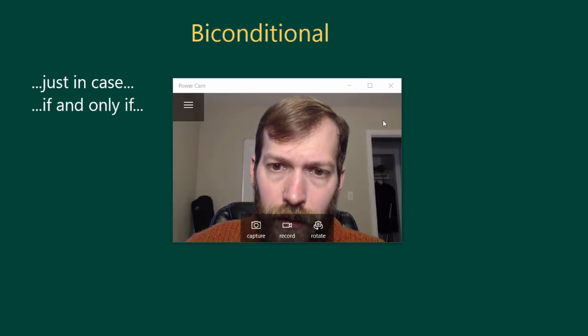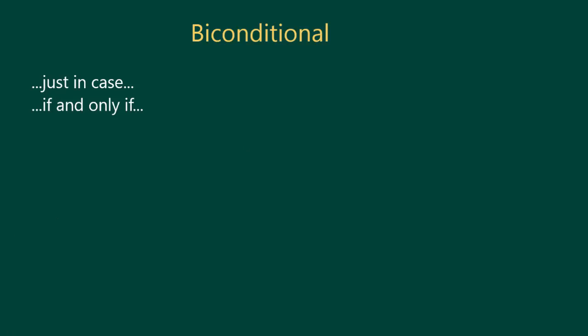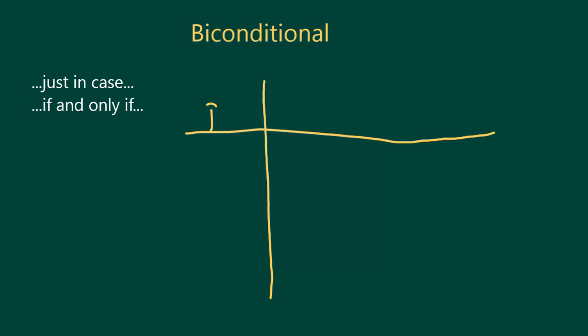Okay, so we can again use our truth tables to express this. This is a binary connective like our other ones, so we'll be worried about 2 statements and 4 situations, 4 circumstances.